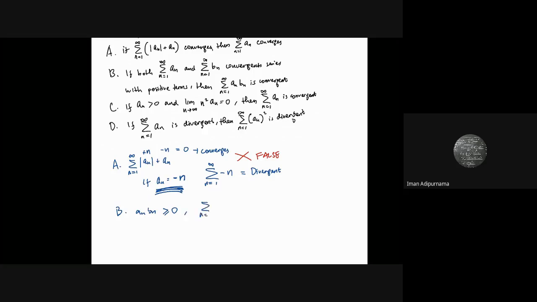And this will be less than, we can split up the an and bn, and it's always true, right? So that's why it's always true, it's convergent.